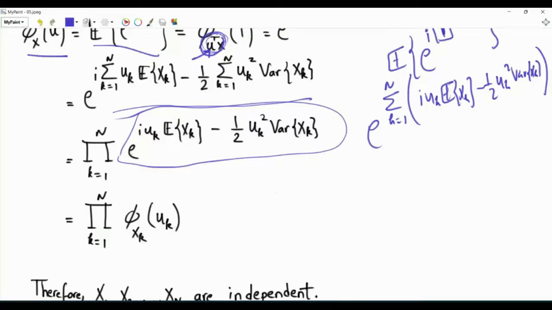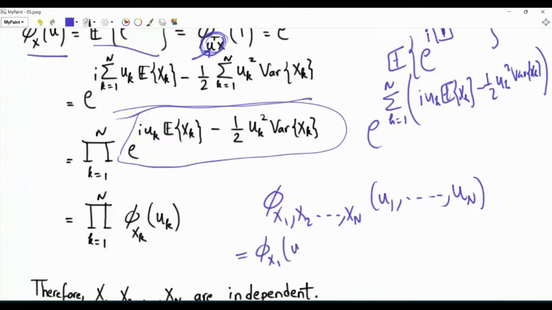So we started with the joint characteristic function, and then we discovered that it can be written as a product. And this is a proof that the random variables are independent.